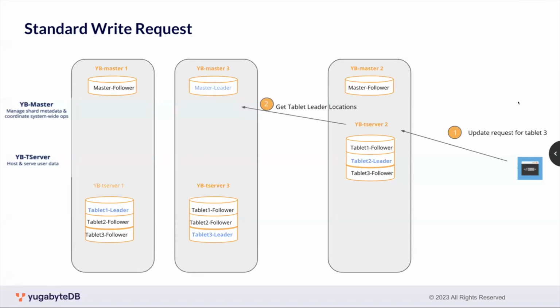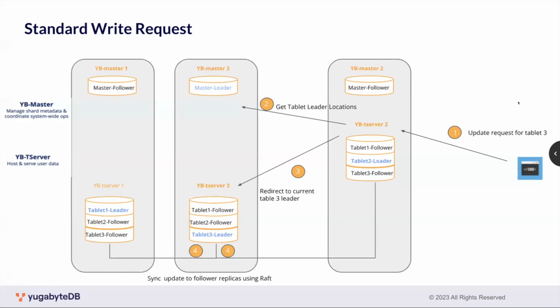Go to the server 2, give me the location, and send the query to this one because the leader is here. The difference here is that it will, of course, wait for the majority to ack, and it will synchronize, updating the followers using Raft. Then it responds to the client when the majority ack. You don't need to wait for all of them to ack.